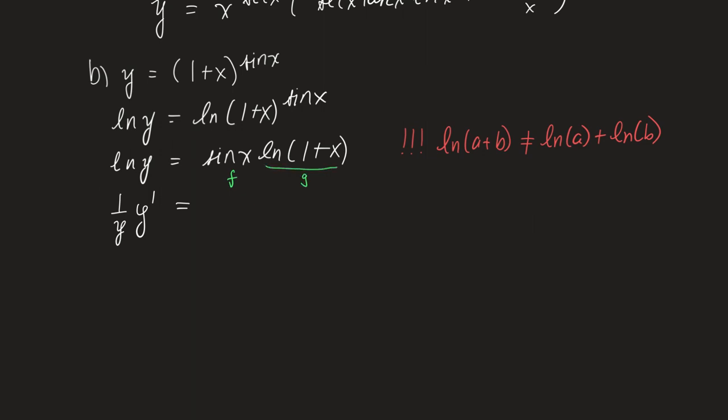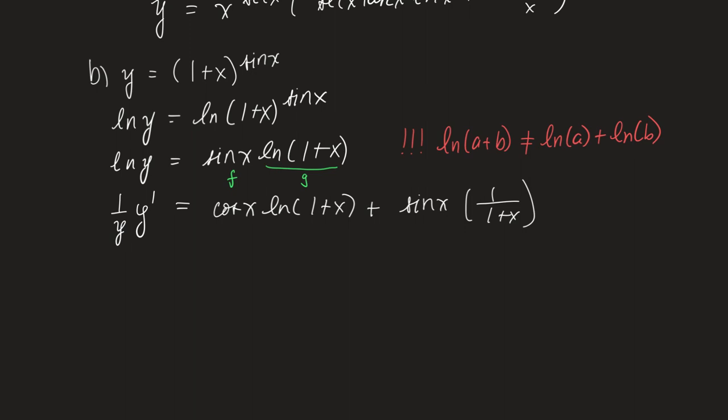And so I take the derivative of f, the derivative of sine x is cosine x, leave g alone, and leave the sine of x alone, and now take the derivative of ln of 1 plus x. That's 1 over 1 plus x. And the chain rule, if I take the derivative of 1 plus x, that's just 0 plus 1. So that doesn't add anything to this.